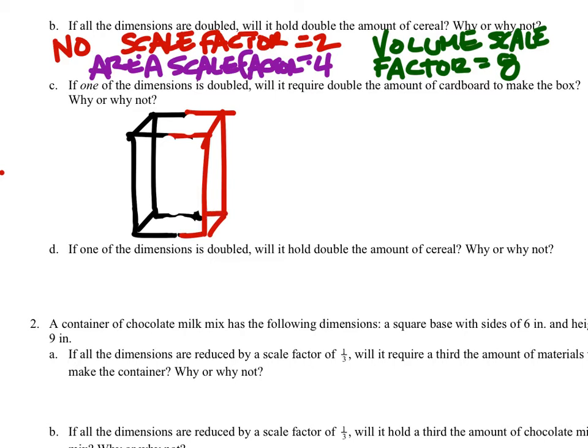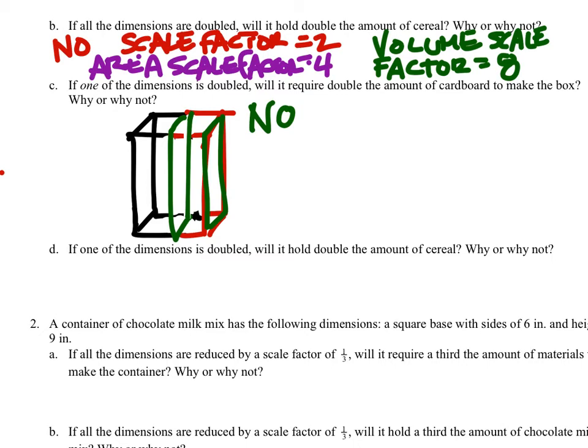This box isn't going to have double the amount of cardboard needed, because the face here on the right was the face that used to be right here. So we haven't doubled that amount from what we had originally. So the answer is no on this. It did not double the amount of cardboard needed.